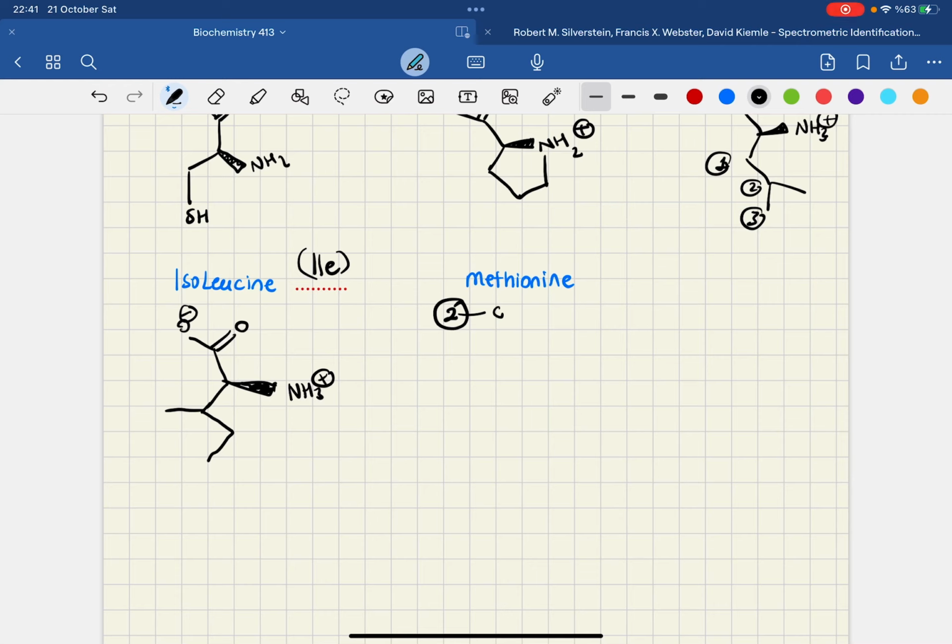Alright, now we are halfway done. How so? Let me just draw the amino acid, and then we will just draw our amine group over here, NH3 plus, and then we will have 1, 2, and then we will have a sulfur.